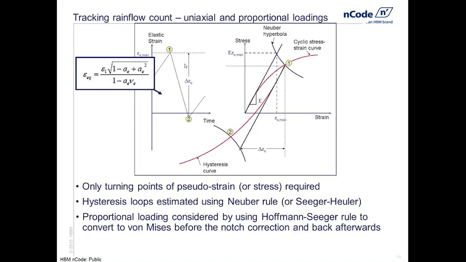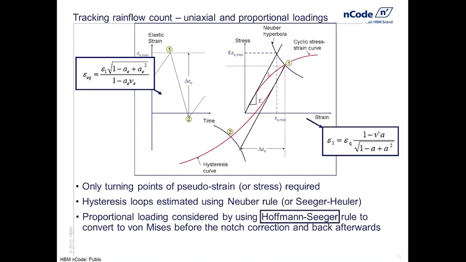The plasticity and notch correction is now carried out based on the equivalent strain and stress. And then when that notch correction has been completed, we then convert back to our original damage parameter. So this is actually the default setting in the standard EN glyph. It works pretty well for any proportional loading, including uniaxial.